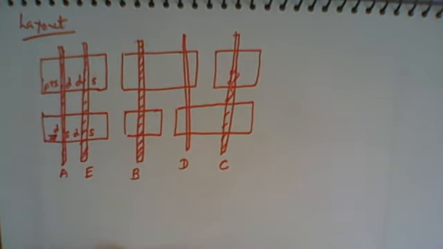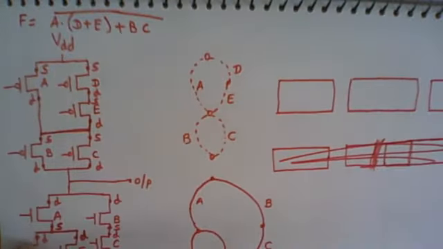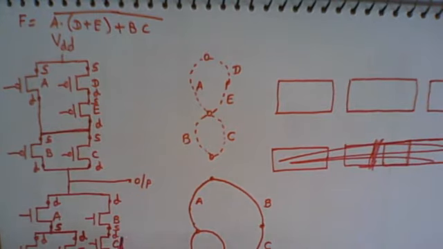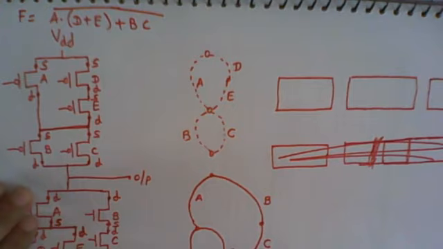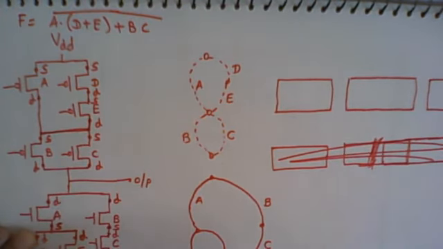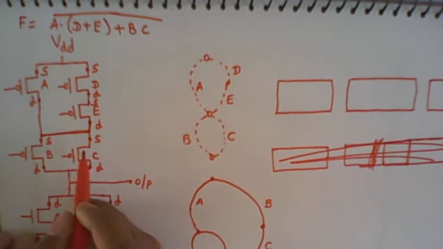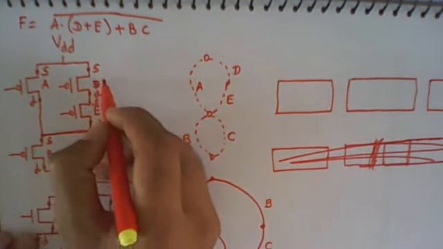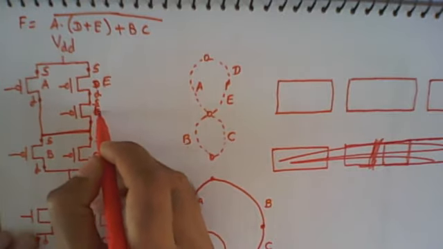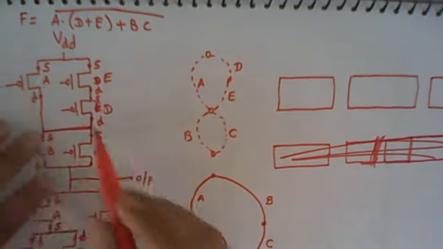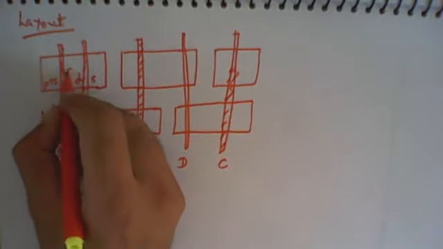Similarly, in a P MOSFET B, drain of B is connected with the drain of A. So source of B and drain of C is common. So let's see now B and D. Here it is E and here it is D. So source of A and D are common.